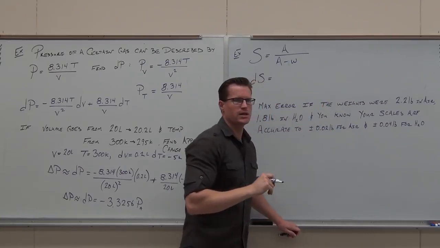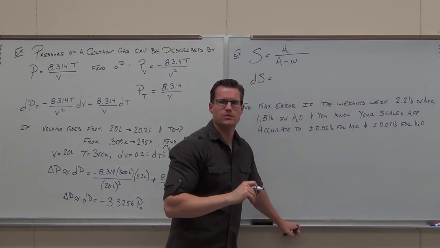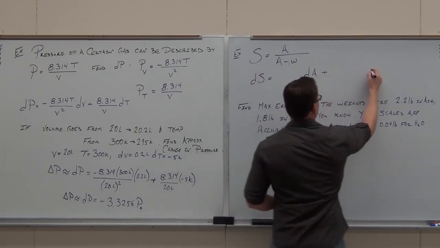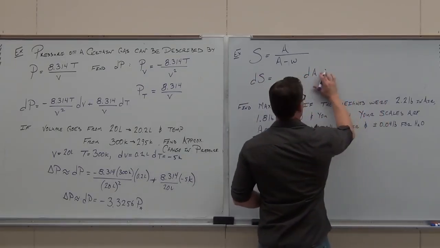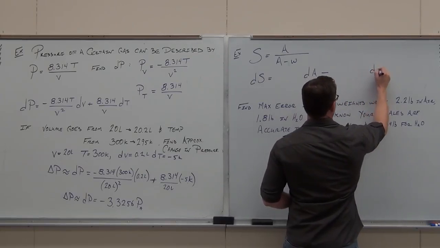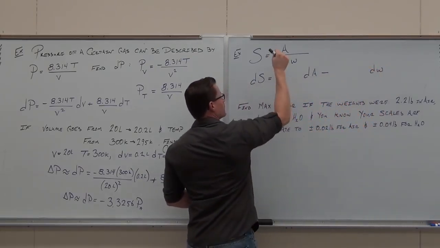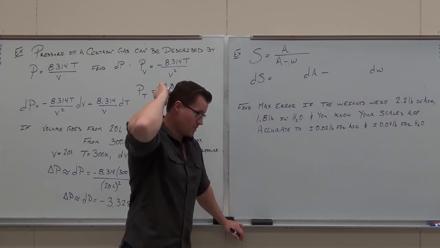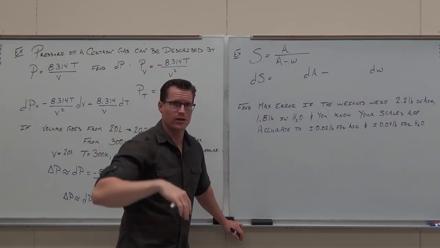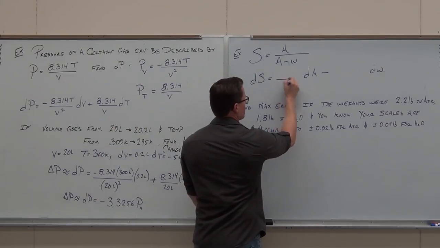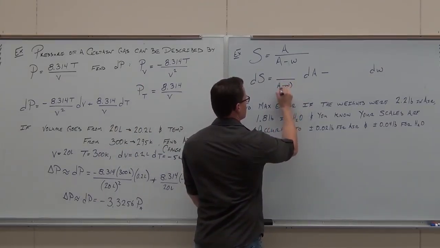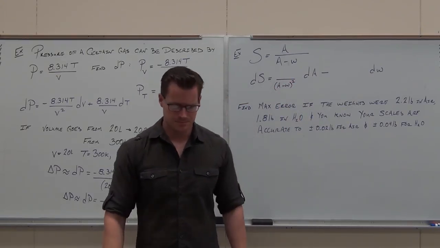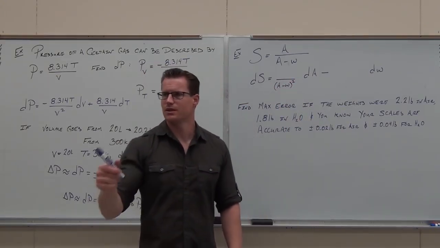What are your two independent variables? A and W. The partial derivative with respect to A, oh goodness, low d high minus high d low, square the bottom. I know it's going to be squared down here. What's on the numerator? Did you find it? Negative W. Yeah, that's what I got too. Did you get negative W on the numerator?